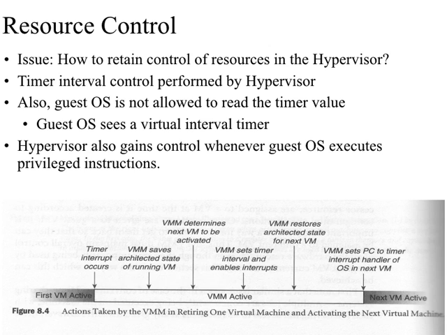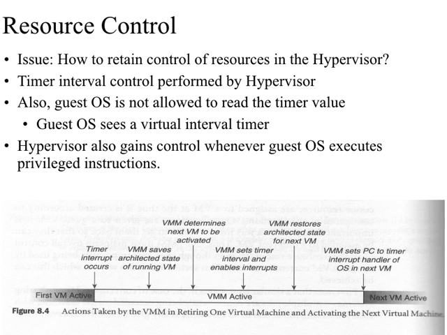Similarly, when a hypervisor is managing multiple virtual machines and wants to take control of the CPU from one of them, the timer interrupt gives the hypervisor an opportunity to regain control. In the figure shown, you have an active VM that has control of the CPU and is not giving it up. At some point a timer interrupt occurs, which transfers control to the hypervisor.